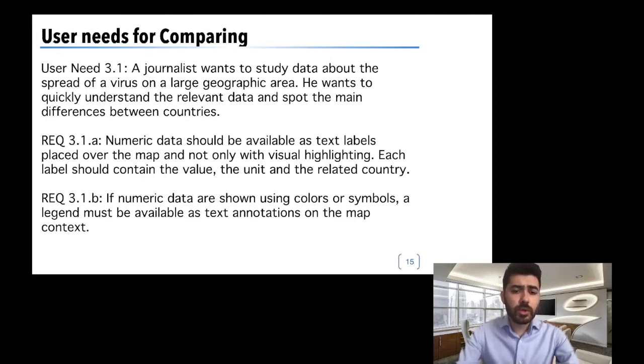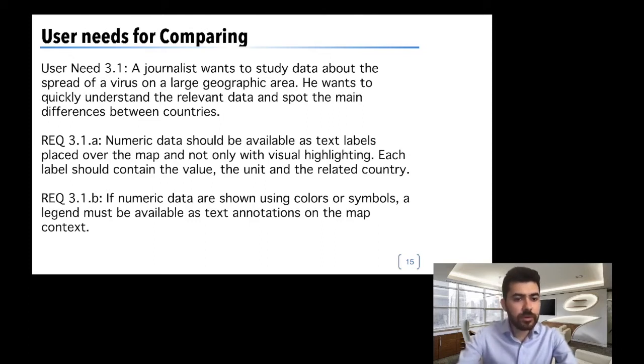And so numeric data should be available as text labels placed over the map and not only with visual highlighting. This is important because a very important rule for accessibility in general is not to rely only on colors, symbols, shapes, or sizes, because users may not be able to spot differences in colors and sizes easily, for example.